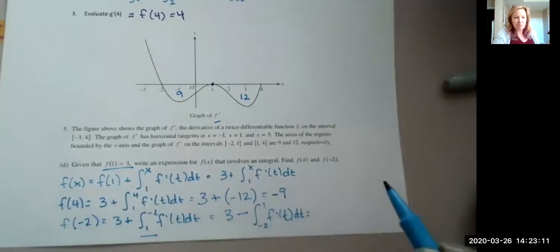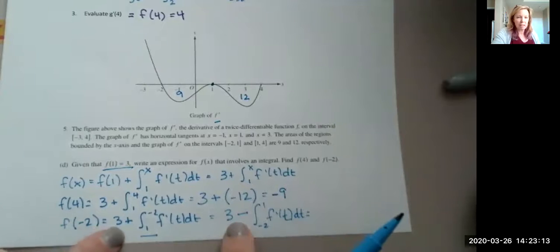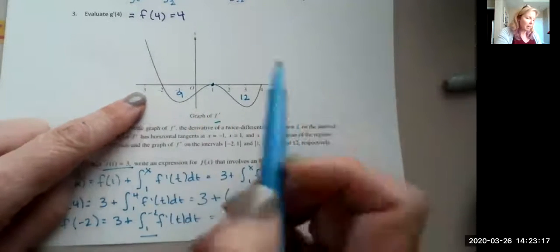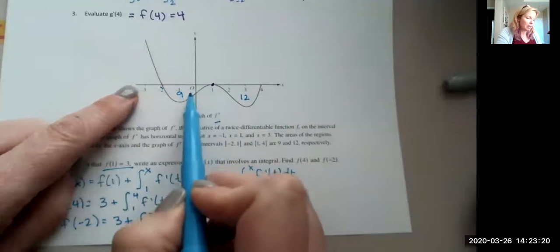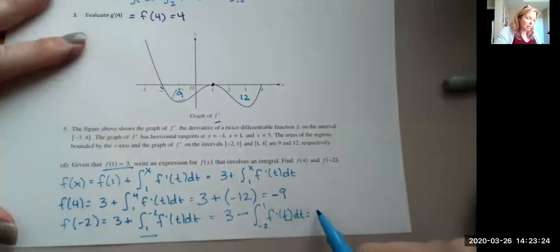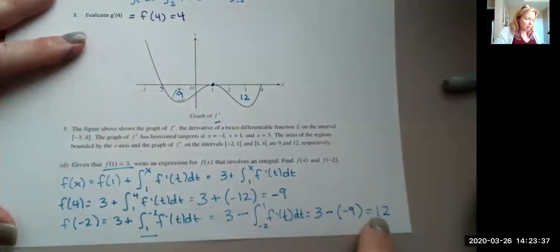So I've just inverted the boundaries and changed my plus to a minus. Now go back to my graph, and what do I see? I see that from -2 to 1, it told me that my area was 9. It's below the x-axis. So this is 3 minus the area between -2 and 1, which is -9, and 3 minus -9 is going to be equal to 12. So f at -2 is equal to 12.